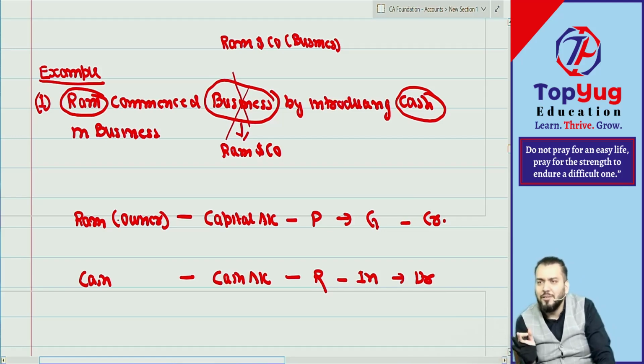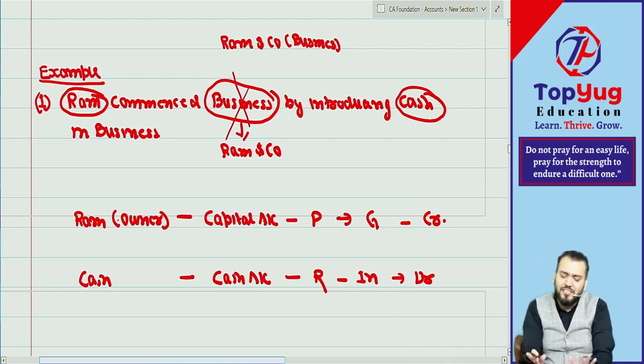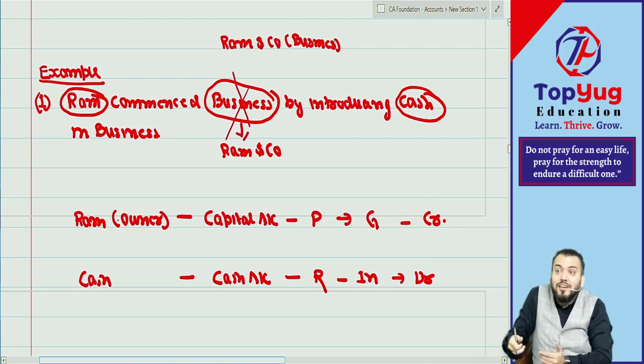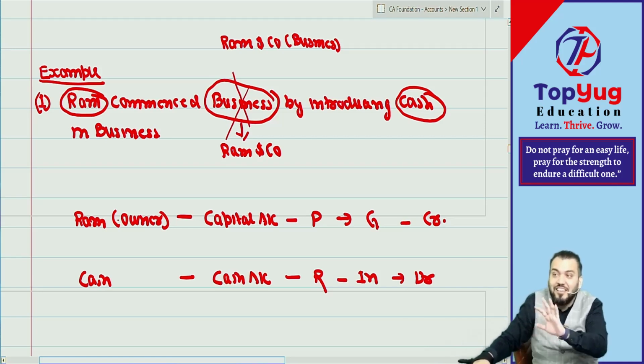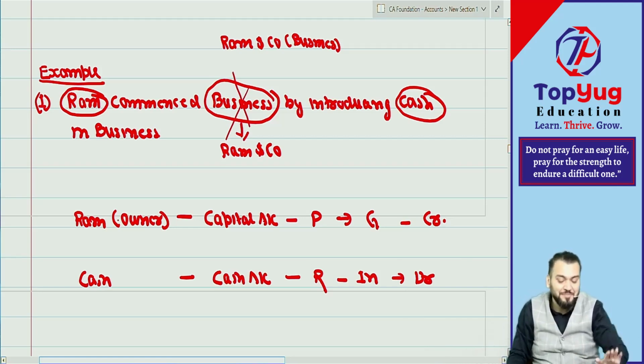Some examples I will do easy, some difficult. You have done this transaction many times; I am just explaining the way to understand the forming of journal entries. What journal entries are, we will discuss.